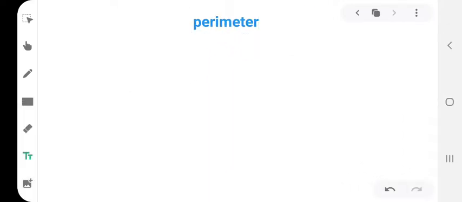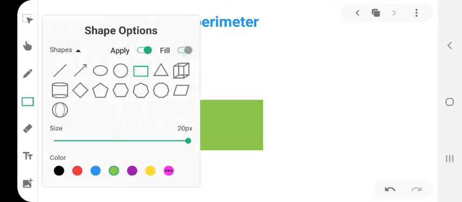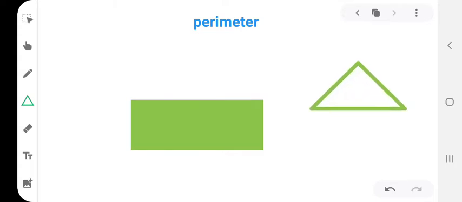Perimeter. So basically when we think about perimeter, we have already said that perimeter is the boundary. So if this is a shape, that means the outer boundary of this shape will include its perimeter. When we talk about different type of shapes, we will see that particularly perimeter is sum of all the sides.